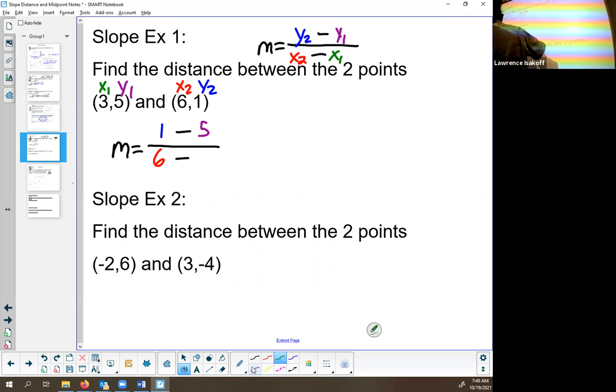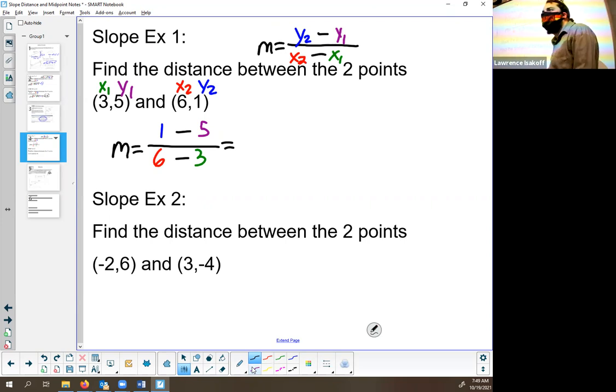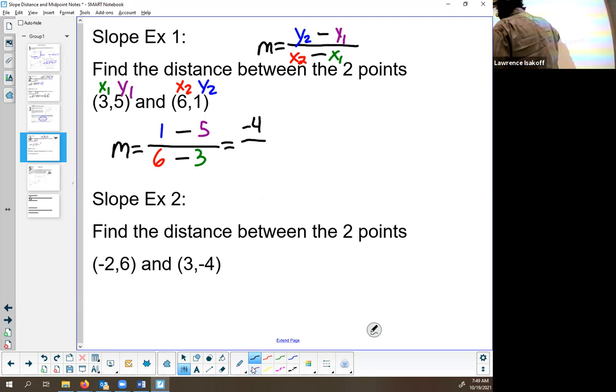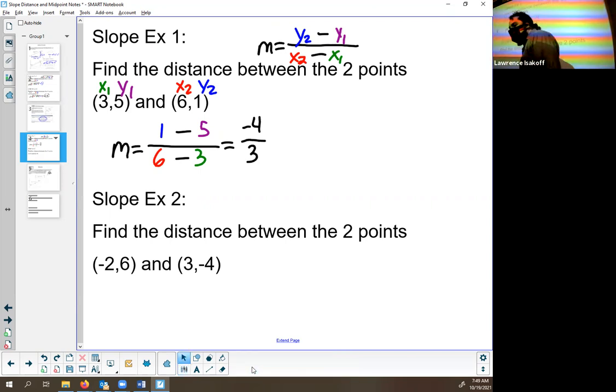And then my X1 value. Now, with this, we can look at this. This isn't too bad to do in our heads. What's 1 minus 5? 6 minus 3. I'm just going to leave it as negative 4/3.